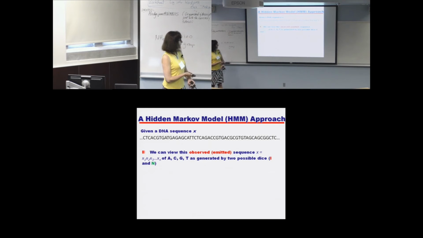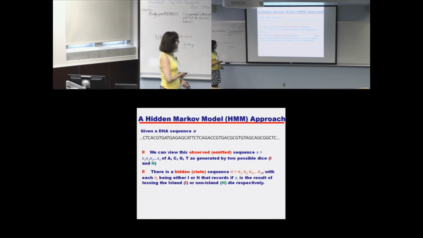We call that sequence the observed sequence, the emitted sequence. A lot of what I'm going to talk about here was developed for the purposes of speech recognition, so a lot of the language is related to emissions of certain symbols or sounds or words. But the sequence that we can see is called the observed sequence, and the sequence that we don't see, the sequence that tells me which die is used, is called the hidden sequence.